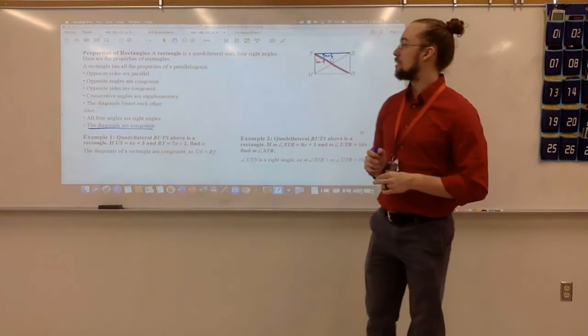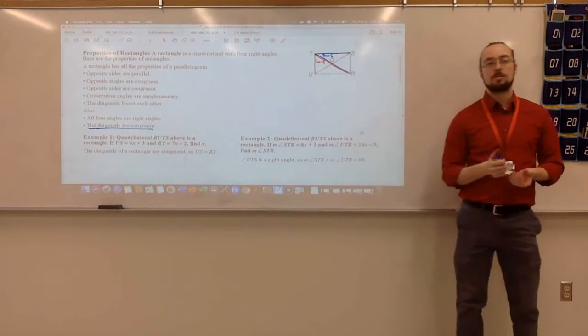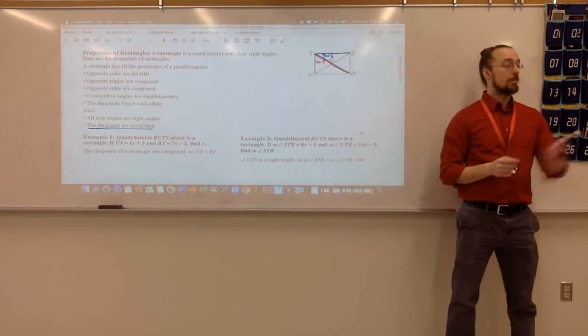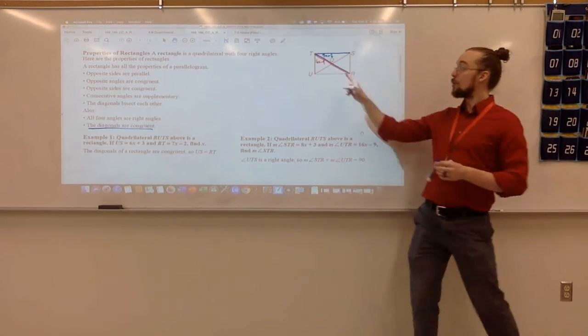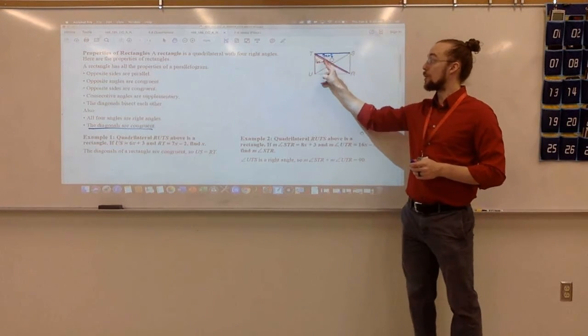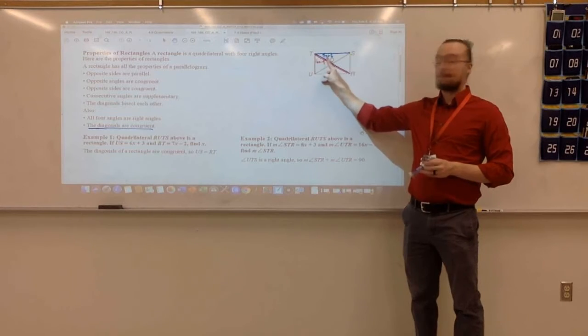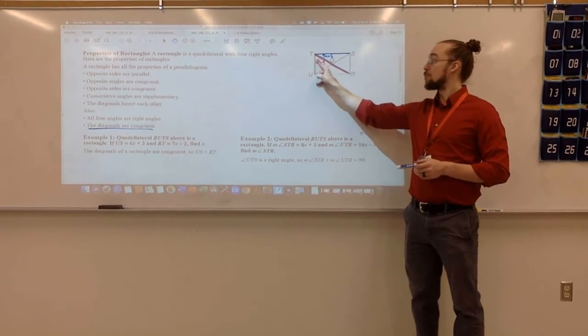Not supplementary. I don't know that they're congruent. They're going to add to 90. I know in a rectangle, this whole thing is a right angle, so these two angles will add to 90.